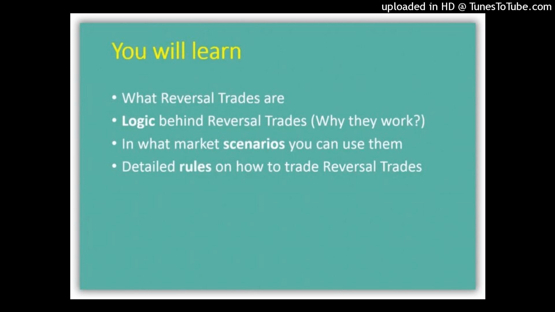So if, for example, there is a reaction, then the price makes it past the level, then you don't take the reversal. You don't do it, because the price already made a reaction to the level. Alright? The next rule is pretty similar.